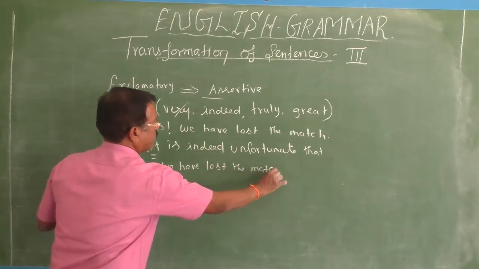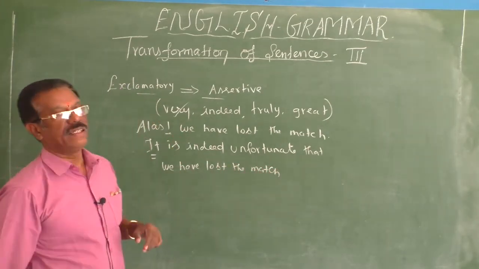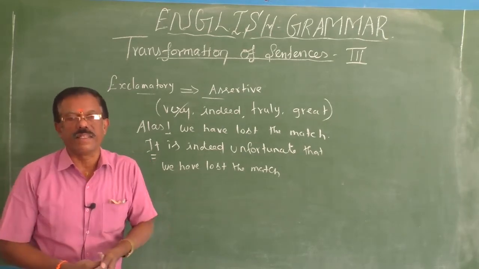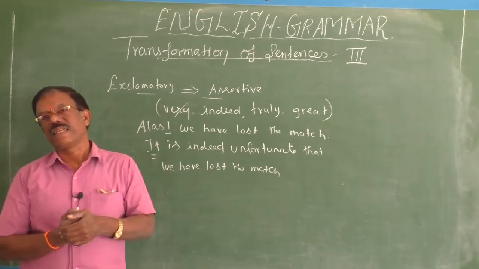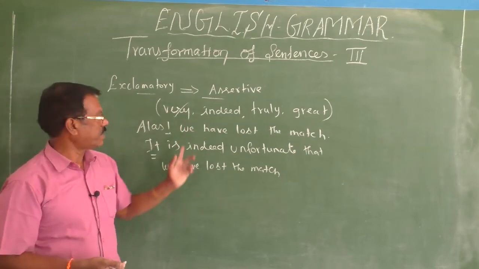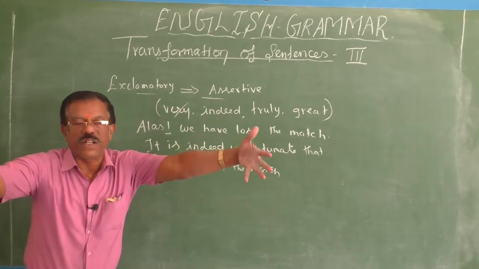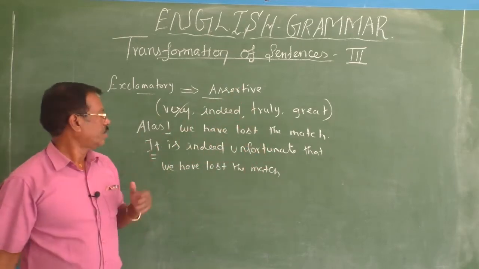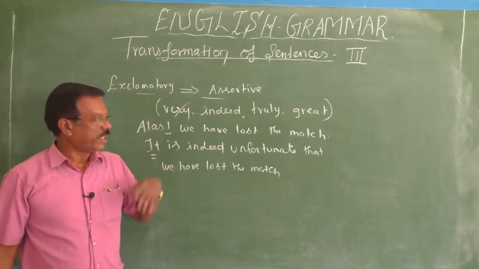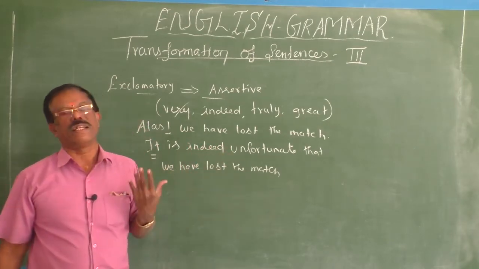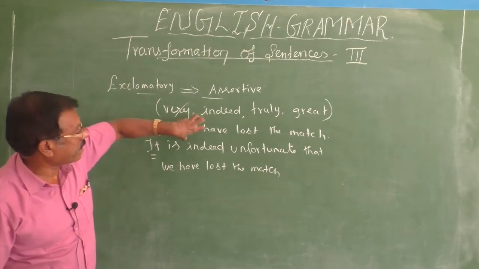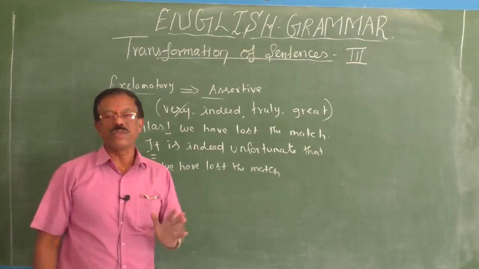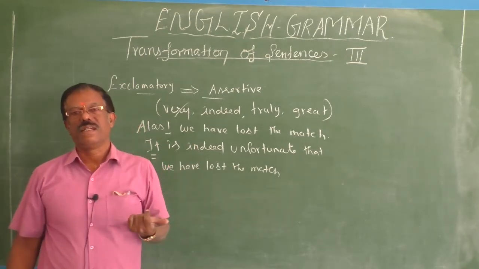So when you have this type of expressions, that is excitement at losing something, such types of sentences can be changed into an assertive sentence in this way only. It is indeed unfortunate, because losing a match is an unfortunate one. So it gives you the exact meaning in an assertive sentence. Without changing the exact meaning of the exclamatory sentence, you have to use this type of words to express.